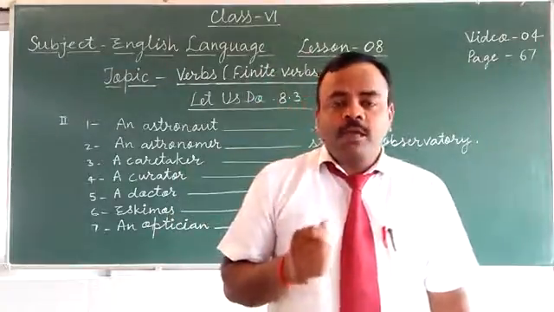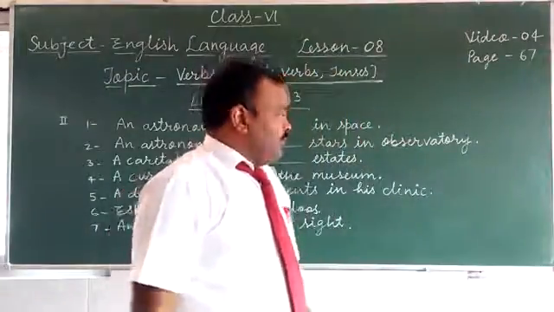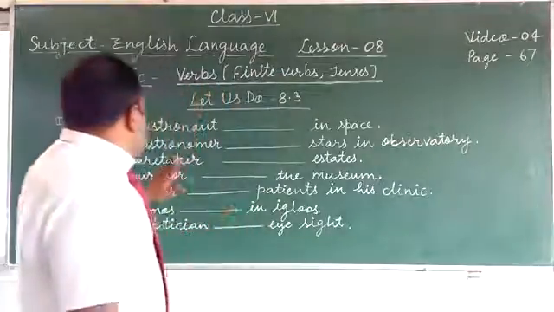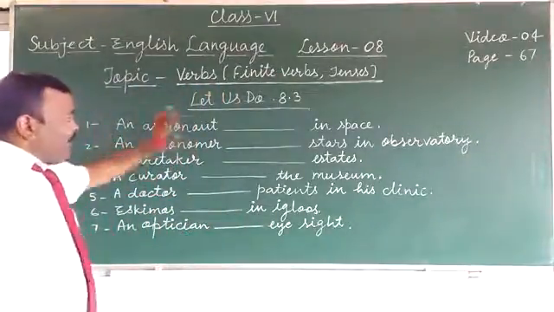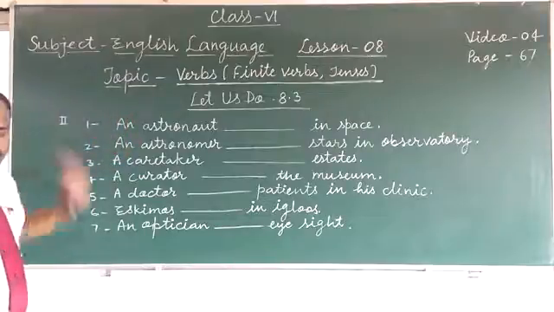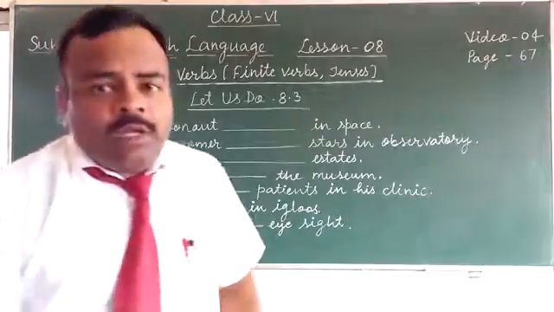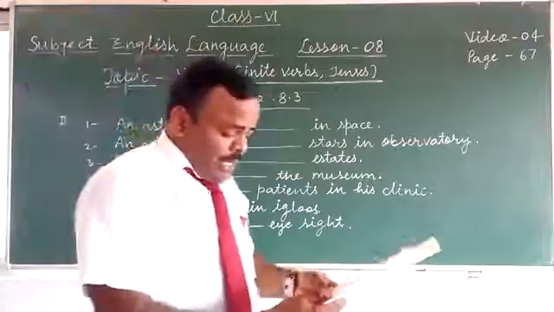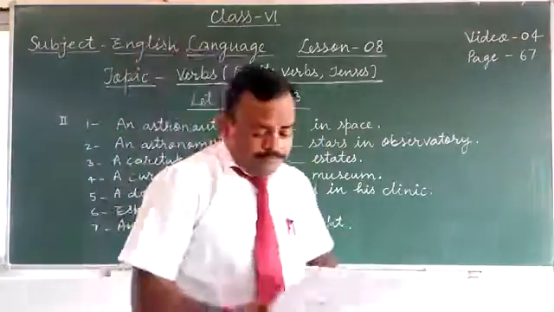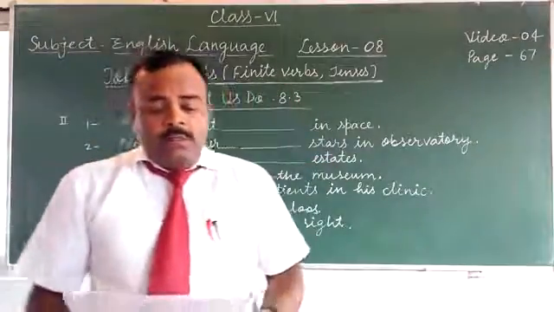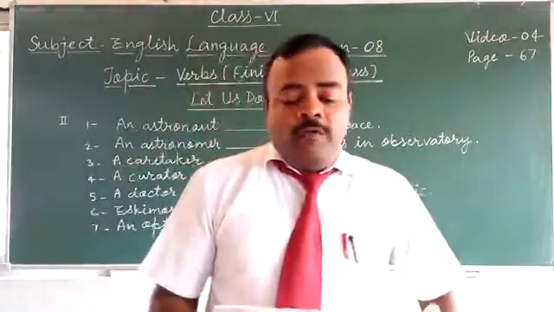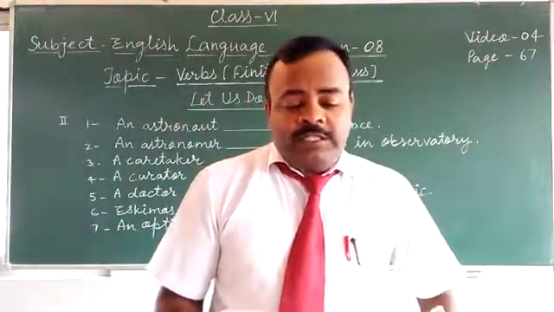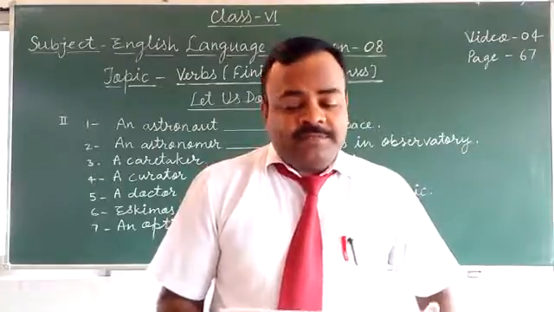Okay? So now in this video, let's solve the exercise 8.3 and its second part. So open your book at page number 67. The second part is given. Write meaningful verbs in present indefinite in the given blanks.